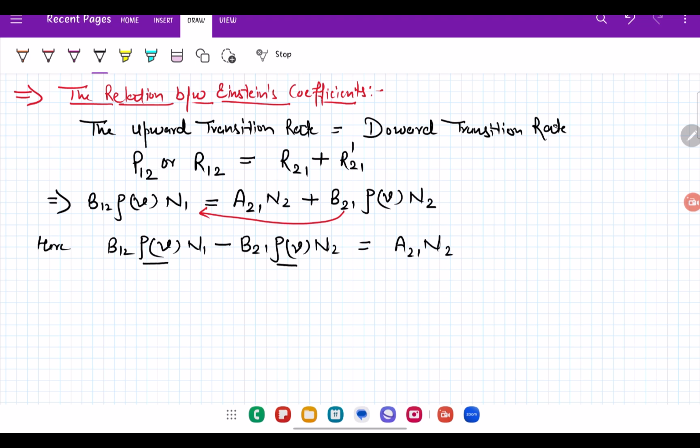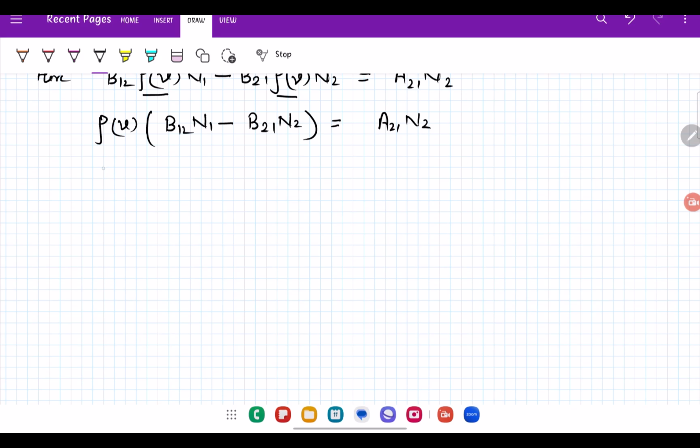Now here the energy density is common, so I'm going to take it common: energy density times B12 N1 minus B21 N2 is equal to A21 N2. Now here the energy density is equal to A21 N2 over B12 N1 minus B21 N2, right?